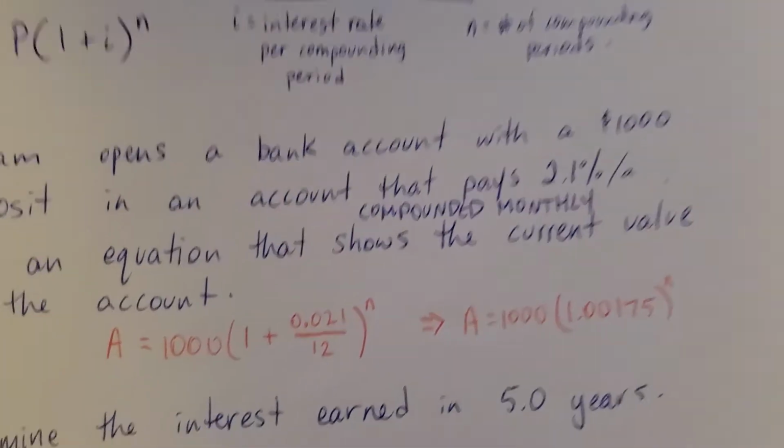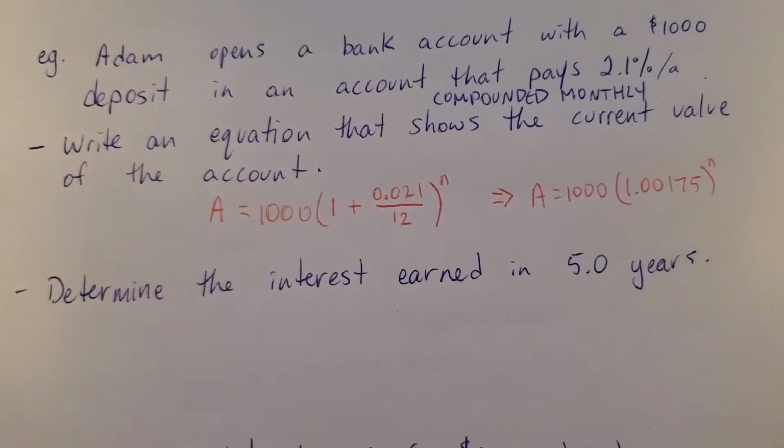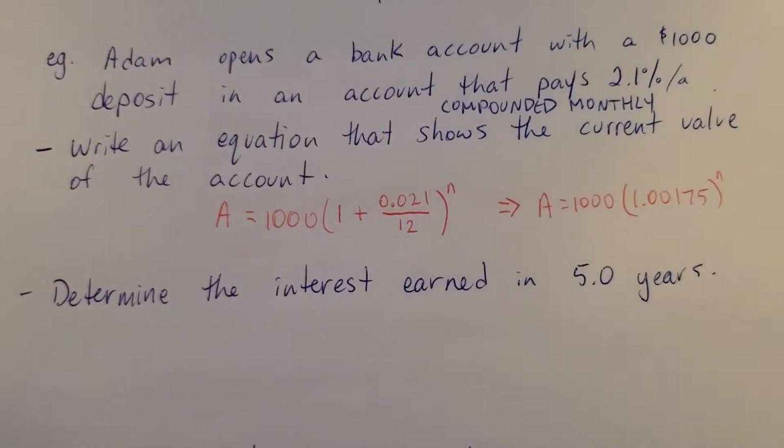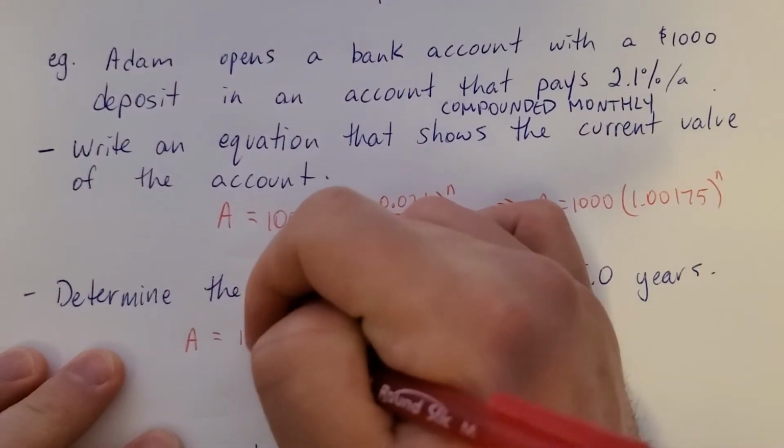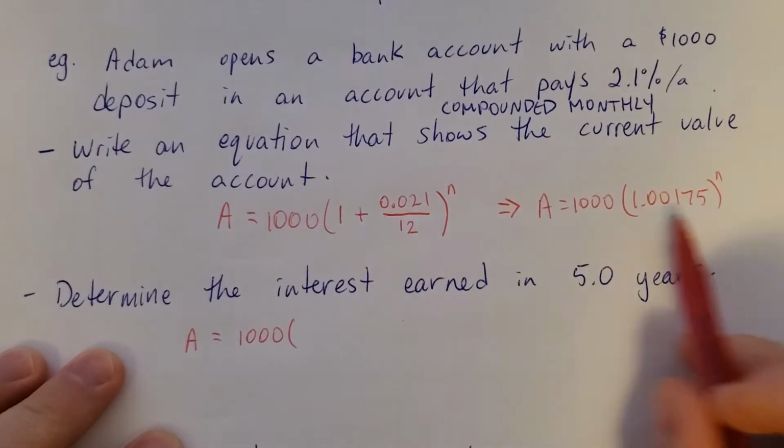Cool. Now let's do something with it. We're going to determine the amount of interest earned in 5 years. Let's do it with the formula, and then we'll do it with the calculator or graphing. Make sure we get the same thing. So we have all this.